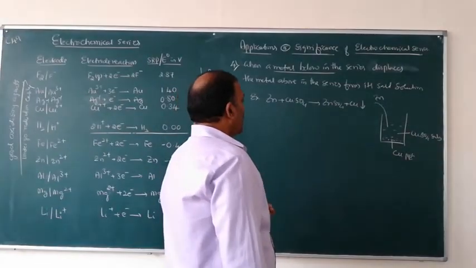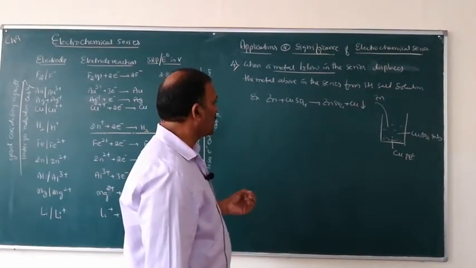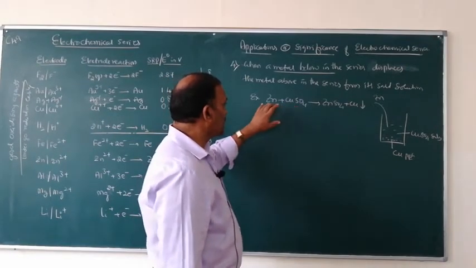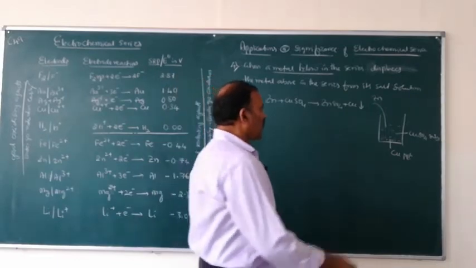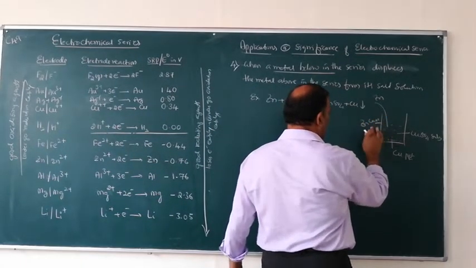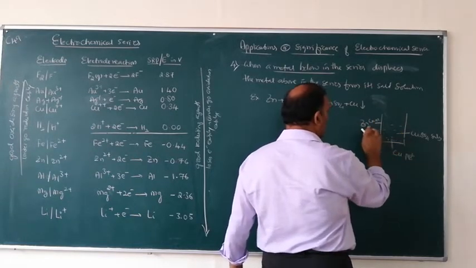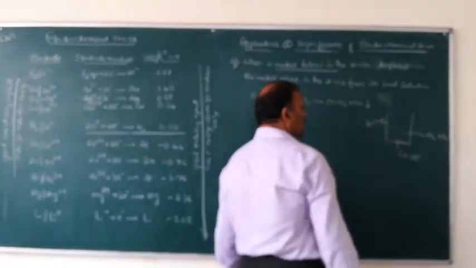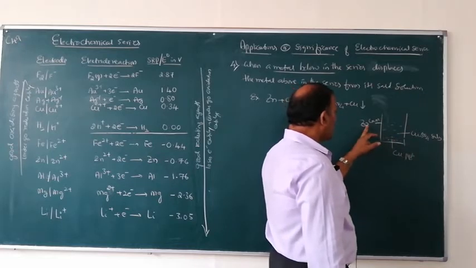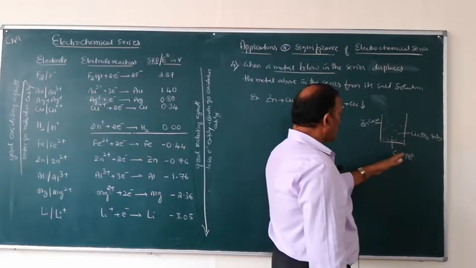So sometimes a question will be asked in the examination, is it safe to place copper sulfate in a zinc can? Suppose this is a zinc can, this is copper sulfate solution. It is not safe to place copper sulfate in a zinc can because zinc reacts with copper sulfate solution forming copper.